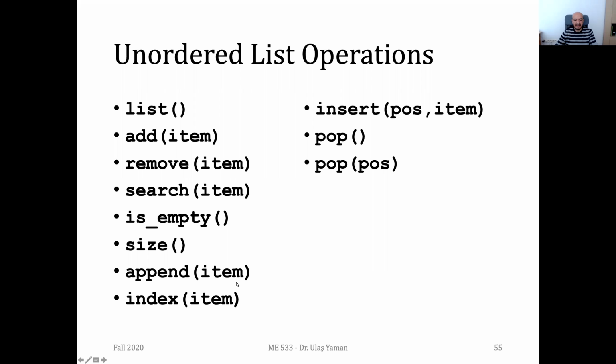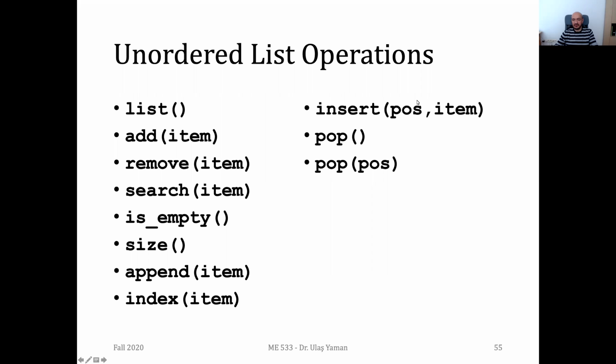We have append item. We are simply adding this item to the end of the data structure. The index operation will give us the index of a specific item. And it's very similar to search. So in index, you should first do the search and then return the value of the index. We have some other operations in this unordered list data structure. The first one is the insert operation.